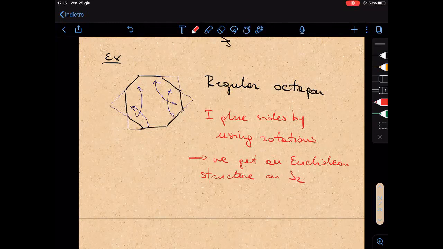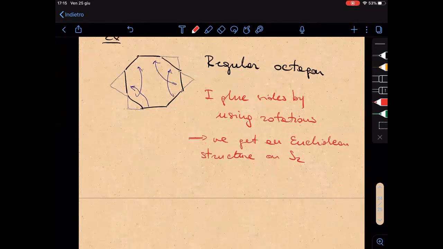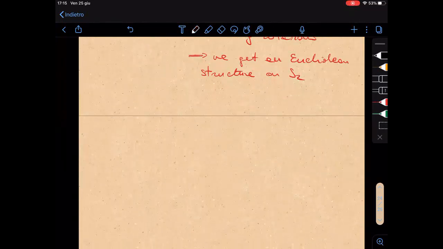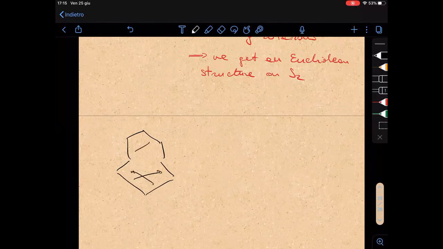On the surface of genus 2, the standard octagon gives you a surface of genus 2, but you can also have something more weird, something like this, and then you can glue opposite sides. These are affine structures, complex affine structures.